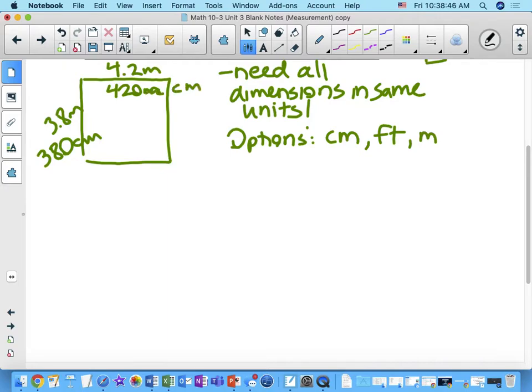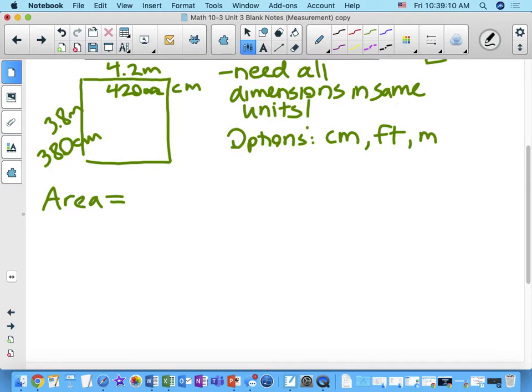So the area of the floor in centimeters is what? How would we figure that out? How are you getting this?